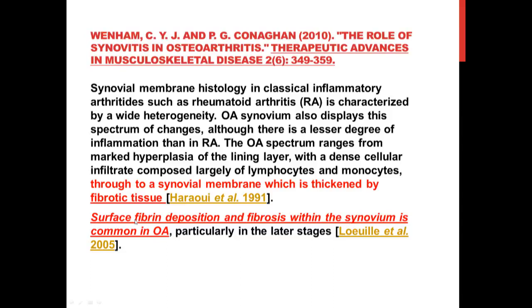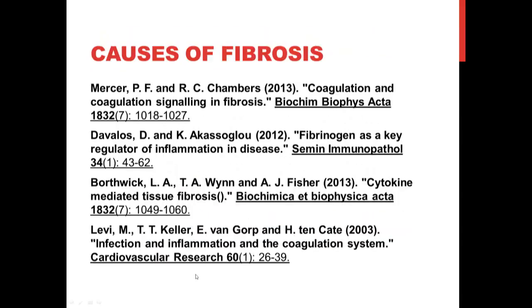Now, where does fibrin belong? And where does this come from? Because if you're going to get to the root cause, you've got to be able to describe the inflammatory and pathogenic changes that are occurring and why they are there.